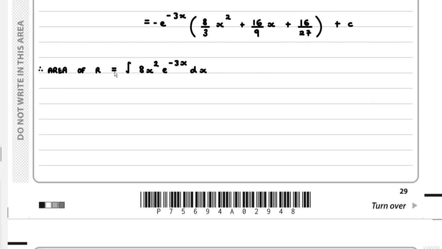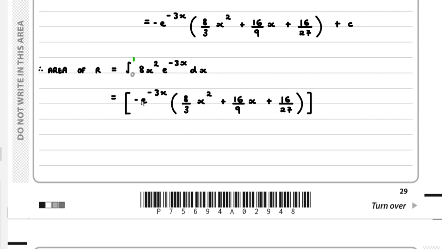Therefore, the area of R will equal the integral of 8x squared e to the negative 3x with respect to x between 0 and 1. So, evaluating this integral, we have negative e to the negative 3x multiplied by 8/3 x squared plus 16/9 x plus 16/27, and then we need to evaluate this between 0 and 1.